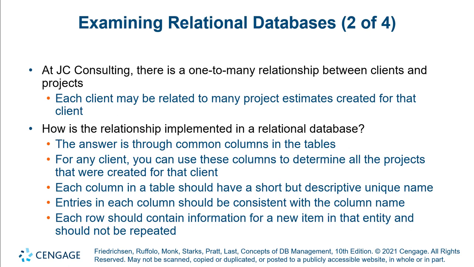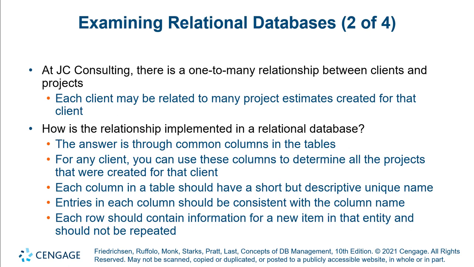In this example of the one-to-many relationship between clients and projects, they both share the column of client ID, right? In the clients table, the client ID is the one part of the relationship, meaning that client ID only exists one time within that table, right? There's only one unique client ID. And then projects is the many part of the relationship, meaning that there can be many projects with that same client ID, right?